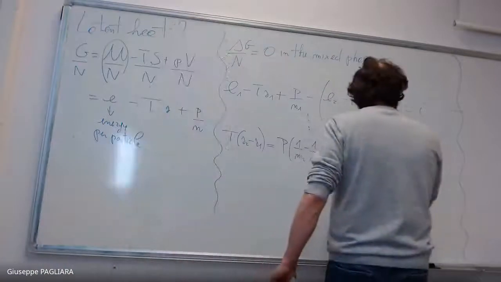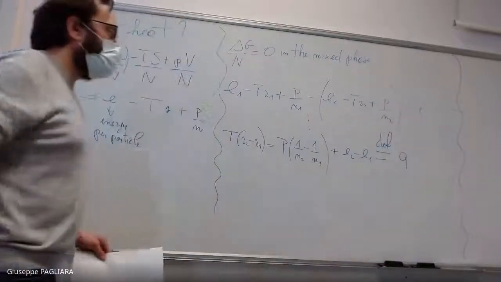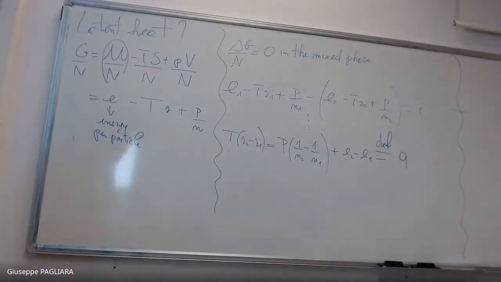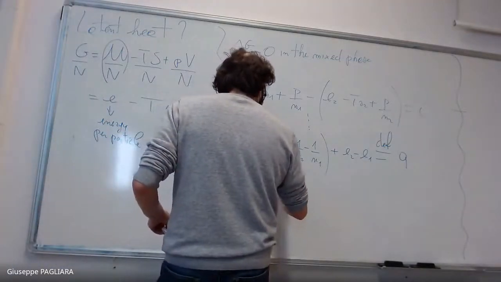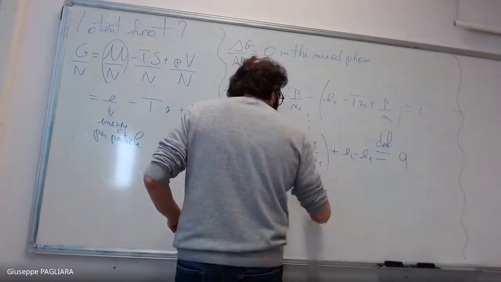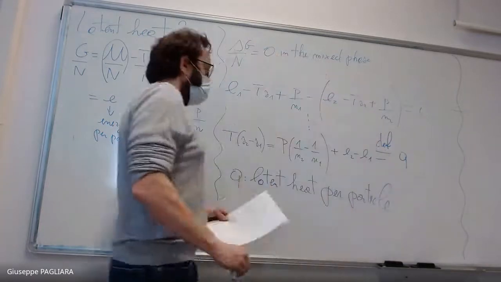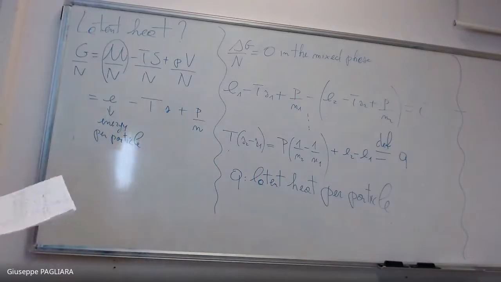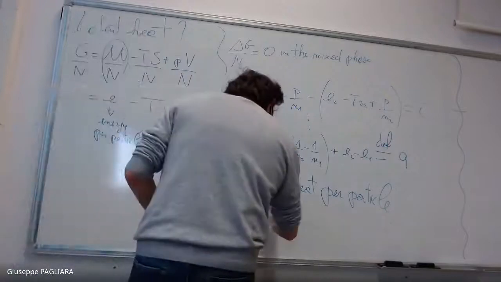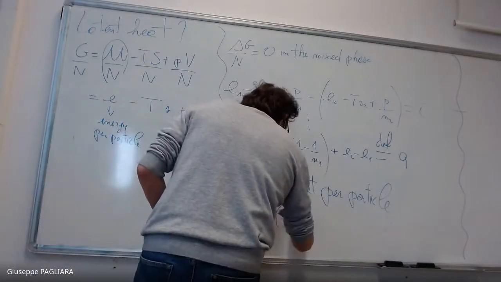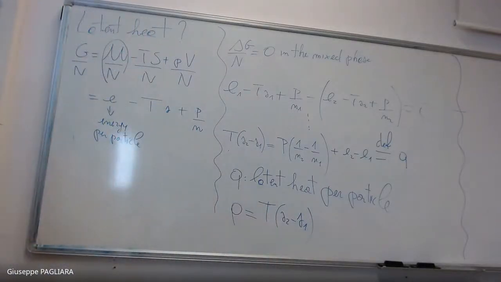Now, this quantity here, by definition, is called Q, where Q is the latent heat per particle, which is equal clearly to T times (S2 minus S1) if I want to write it in terms of entropy per particle.